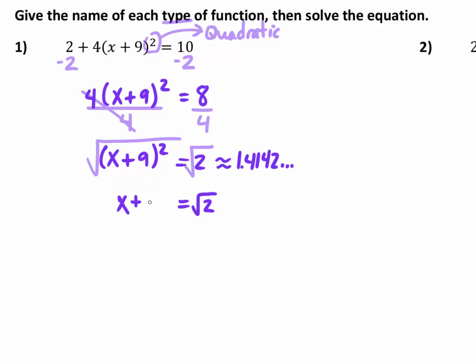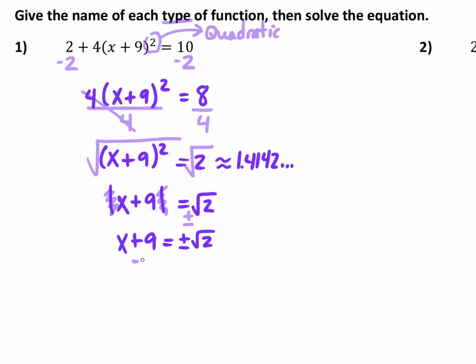Essentially, the x plus 9 is what's left over when those things cancel, but because we can have both positives and negatives, we have absolute value bars around the x plus 9. To get rid of those, I usually will scribble those out, and then we put a plus or a minus sign on that other side. So x plus 9 could equal positive root 2, or it could equal negative root 2. Those are my two cases.